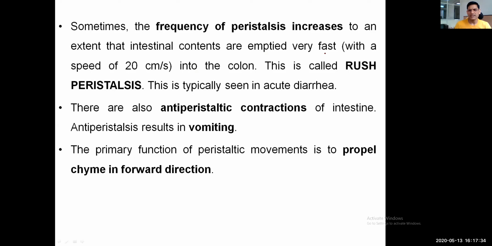Sometimes the frequency of peristalsis increases to an extent that intestinal contents are emptied very fast, with a speed of 20 centimeter per second, into the colon. This is called thrust peristalsis.